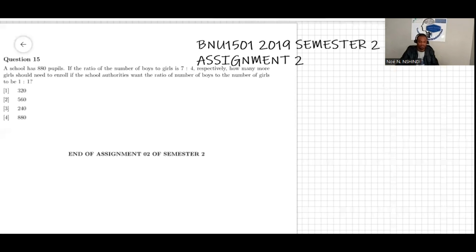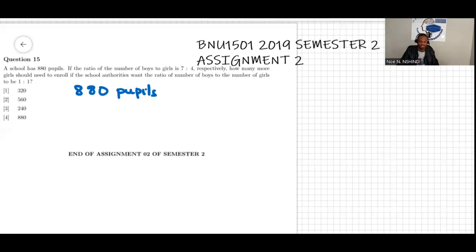There's a total of 880 pupils, and the ratio of boys to girls is 7:4. If we need to find the total number of girls in the school, let's first find the total number of boys and girls in the school.